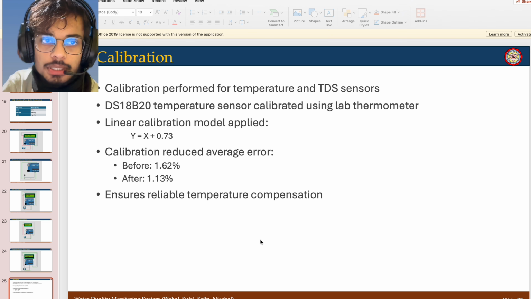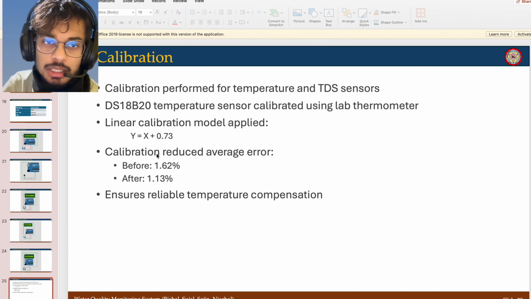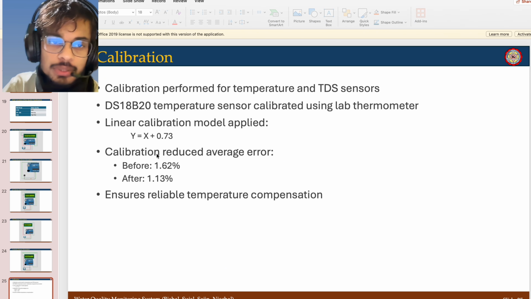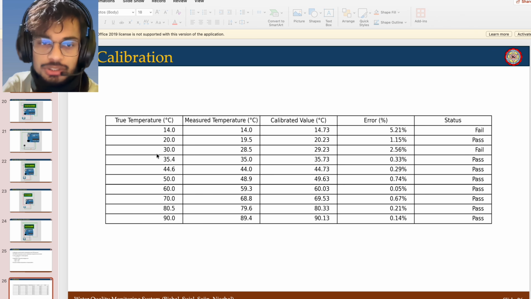Okay. Calibration: we have done the temperature sensor calibration. In the calibration section there is a model equation. We have used x plus 0.73, and before calibration we had an error of 1.62, and after calibrating with this equation we found the error reduced to 1.13%, which will ensure reliable temperature compensation.